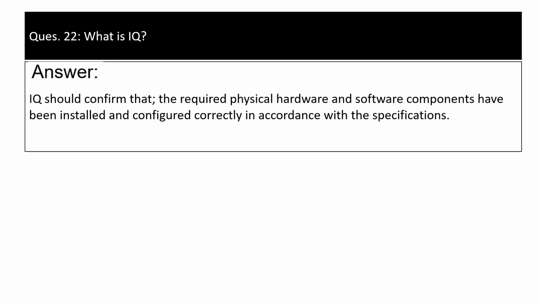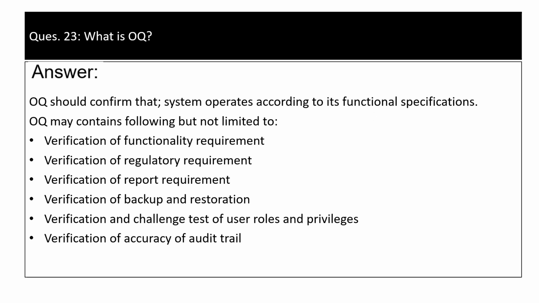Question number 22, what is IQ? The answer will be, IQ, that is installation qualification, should confirm that the required physical hardware and software components have been installed and configured correctly in accordance with the specifications. Question number 23, what is OQ?